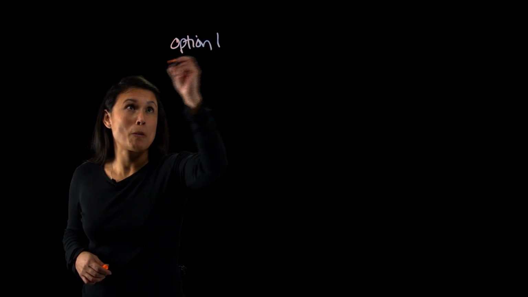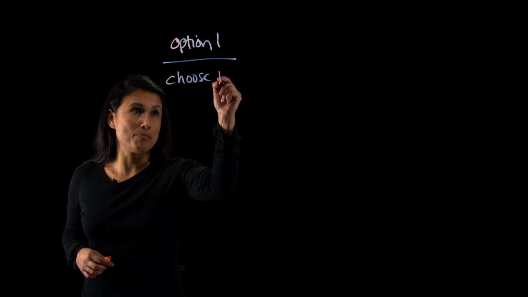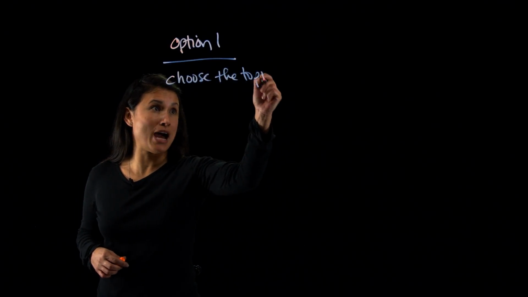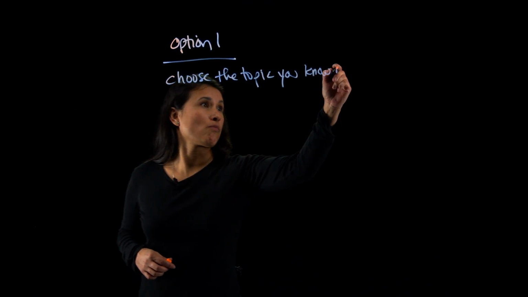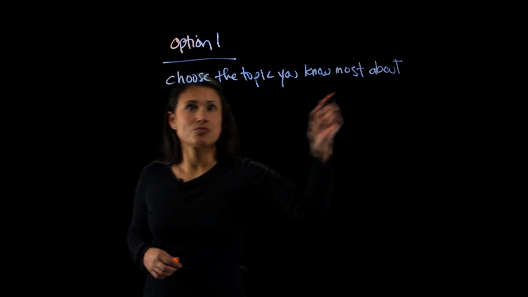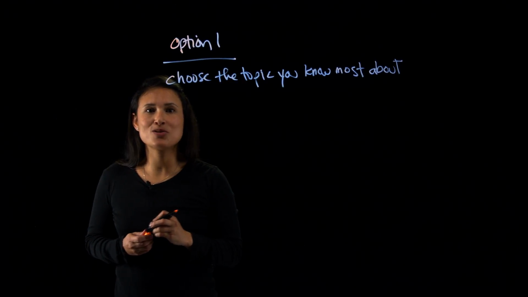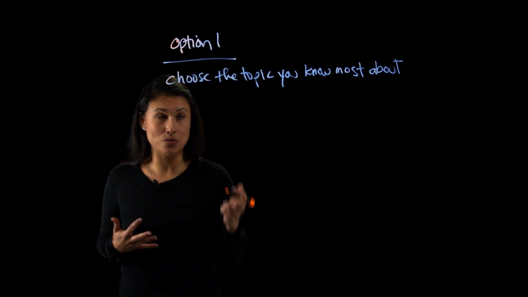Now, I'm going to give you a couple of options as far as how you should choose. Option one is you choose the topic you know most about. You want to choose the topic you know most about because you will be able to speak on it a lot better.